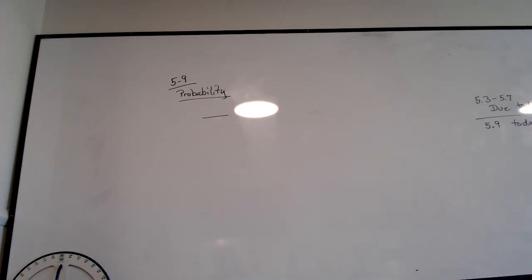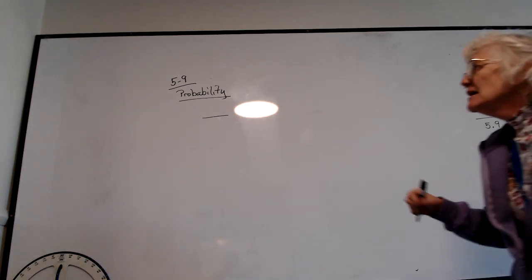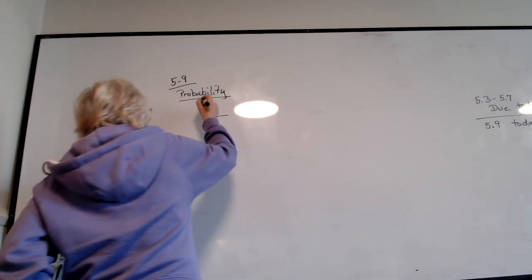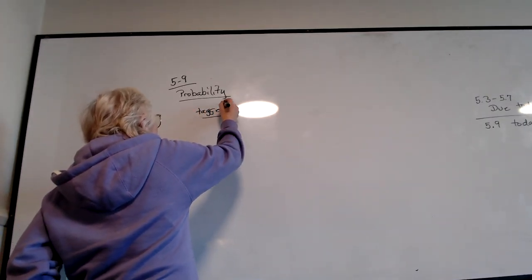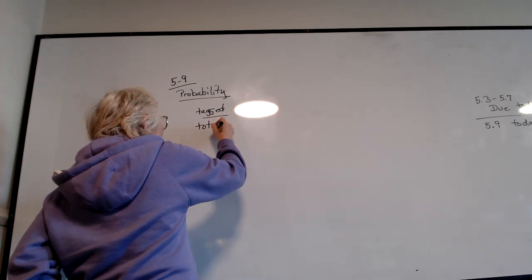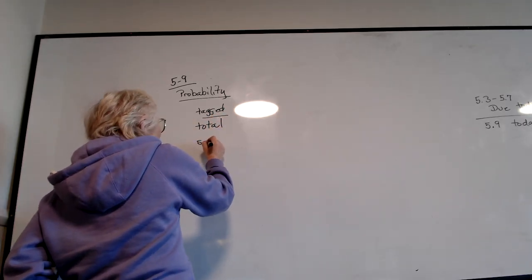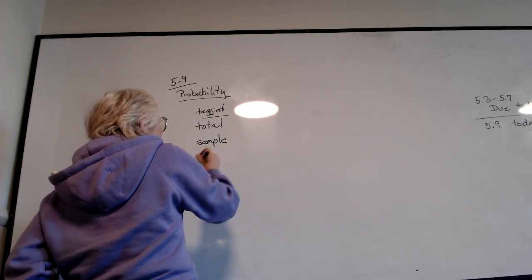We're going to take a sample out, and then we're going to tag some of that sample. So we'll have a tagged to non-tagged amount, or we could do a tagged to total amount. And this is in our sample. We're going to make that up.